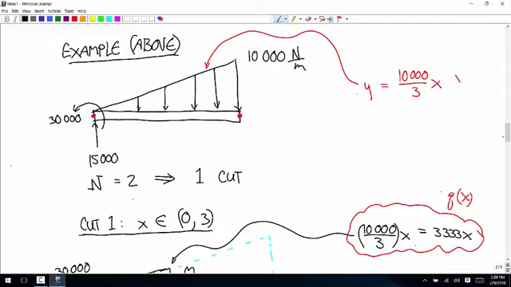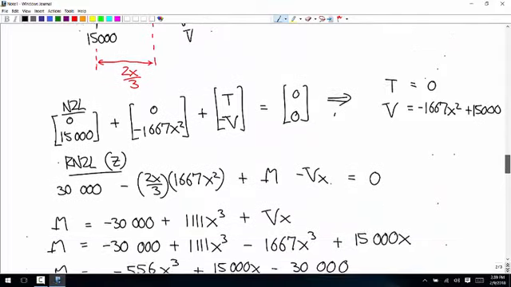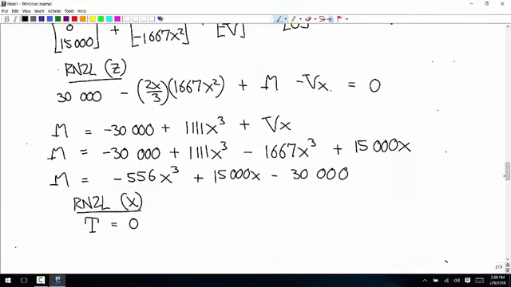So the way to check that is to plug those x values into the bending moment function. x equals 0 over here. Plug in x equals 0, you get negative 30,000. So that's non-zero like it should be.